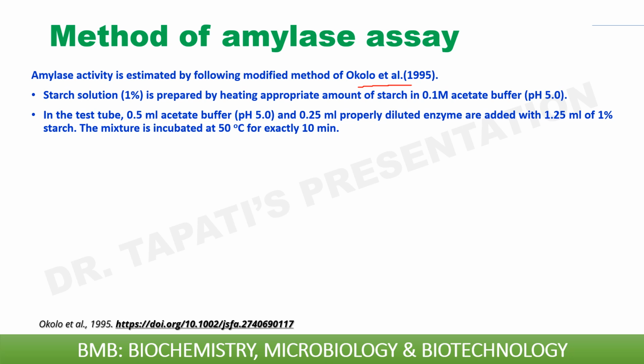So in the test tube, 1.25 ml of 1% starch plus 0.5 ml of acetate buffer and 0.25 ml properly diluted enzyme are added, and the mixture is incubated at 50 degrees Celsius, or the optimum temperature of alpha-amylase, for exactly 10 minutes.